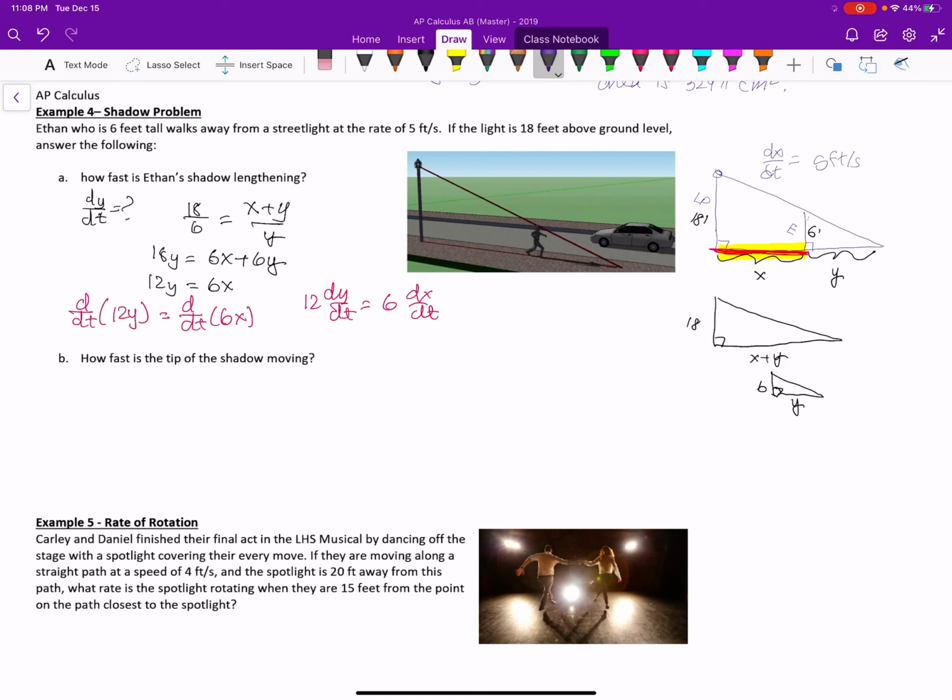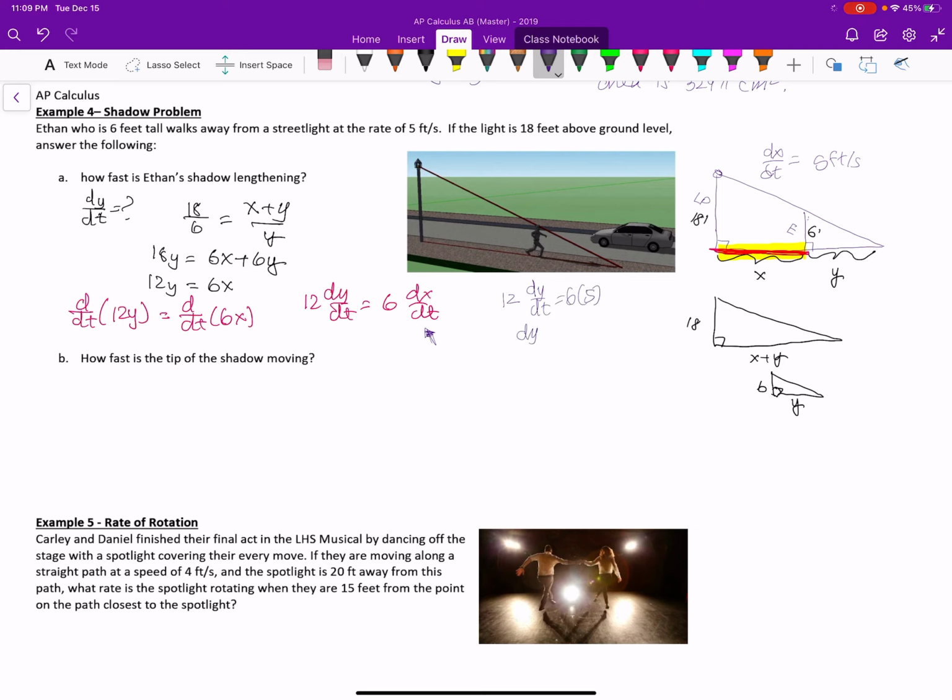Okay, so then it says, if the light is 18 feet above the ground level, how fast is Ethan's shadow lengthening? All I have to do then is substitute in for dx/dt, which I know is 5 feet per second. So that's going to give me 12 times dy/dt is equal to 6 times 5.